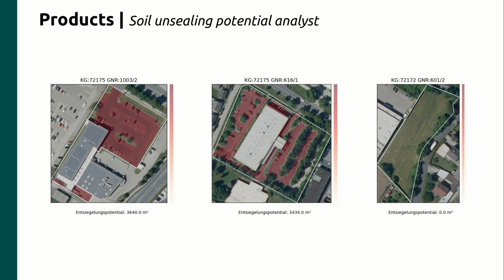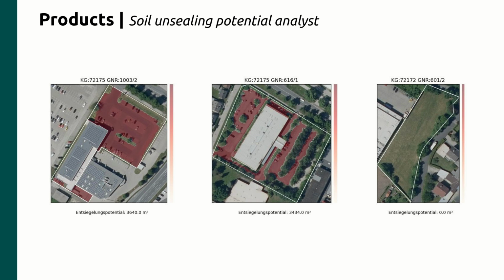So we developed this system where we use high resolution aerial and satellite imagery, and on the property level, again, we can detect and estimate the amount of soil sealing that is apparent at the moment. Or also in the past, because with archived satellite imagery, we can also look back in time.